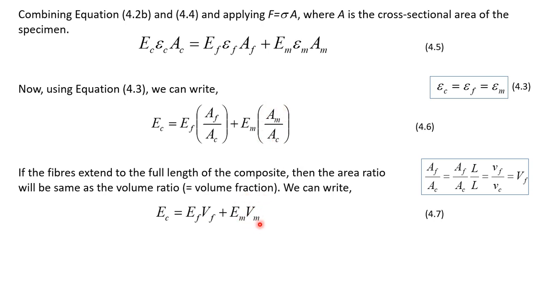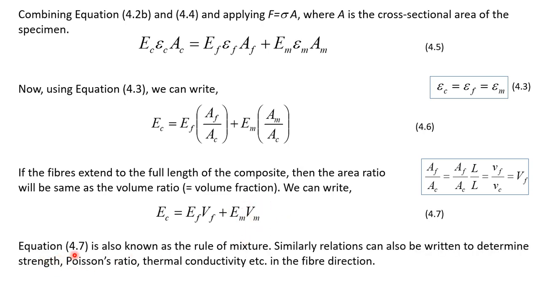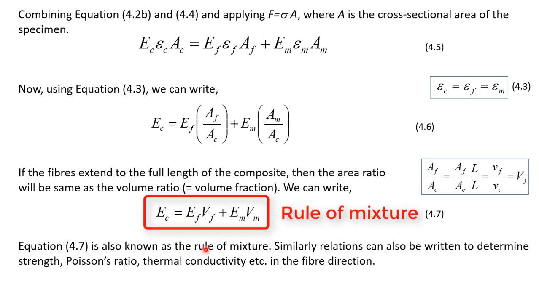So now we have a relation which gives the modulus of the composite as equal to EF VF plus EM VM. That means modulus of the fiber multiplied by the volume fraction of the fiber plus modulus of the matrix multiplied by the volume fraction of the matrix. So equation 4.7 is also known as the rule of mixture.